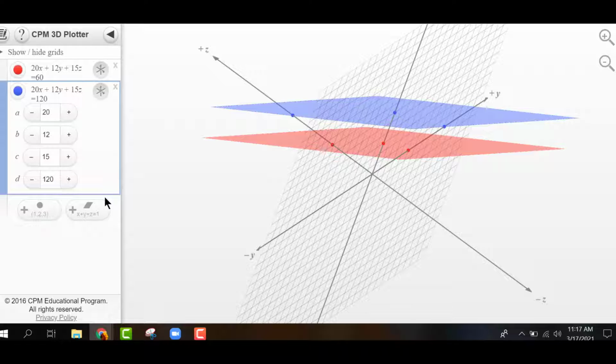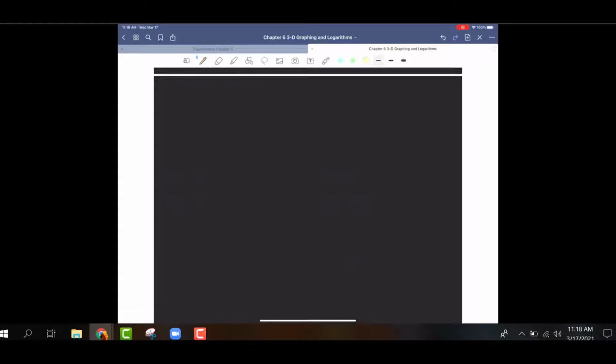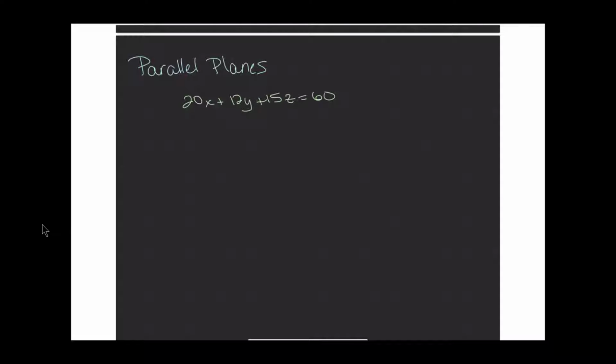So in our notes, switching back over, we can talk about parallel planes, right? If we write down those two equations, that system that we were looking at, it was 20x plus 12y plus 15z equals 60.